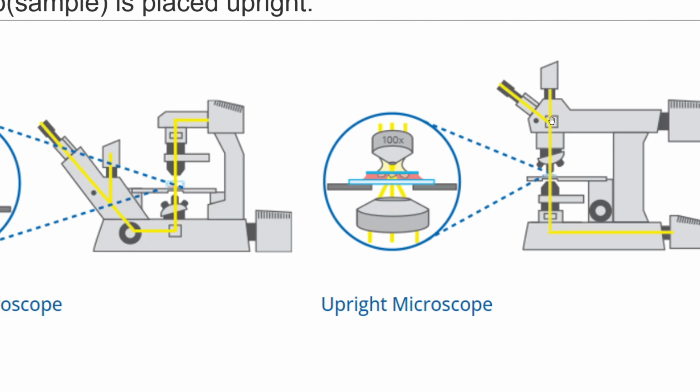From the objective lens it goes to the eyepiece lens, where you can observe it. There can be another connector here, from which it will go into your camera and get recorded. So this is the higher version of your compound microscope where you can record your image.